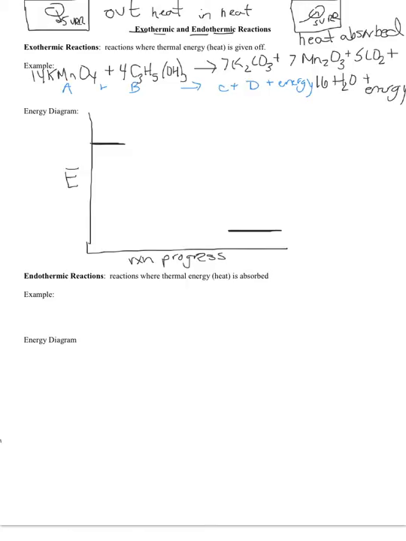So if we draw a graph for this, we get something with this curve that looks like that. Okay, so if we label this out where we're starting, this is our reactants. You could also write on that line there 14 KMnO4 plus 4 C3H5(OH)3. Those are your reactants. Okay, and way down here at the bottom are our products. And you could write those out longhand if you wanted to as well.